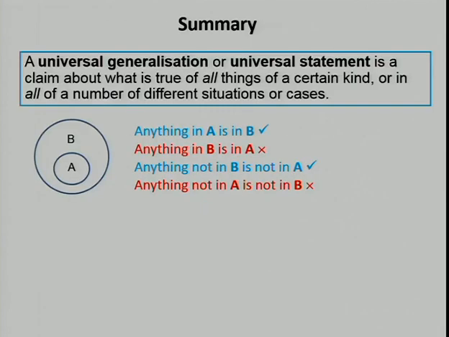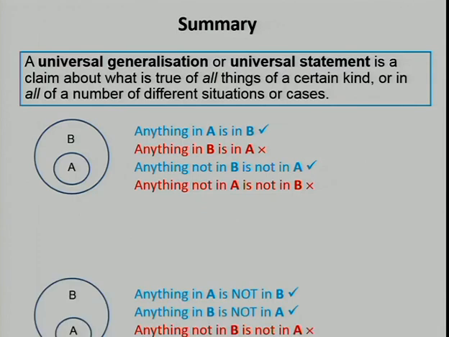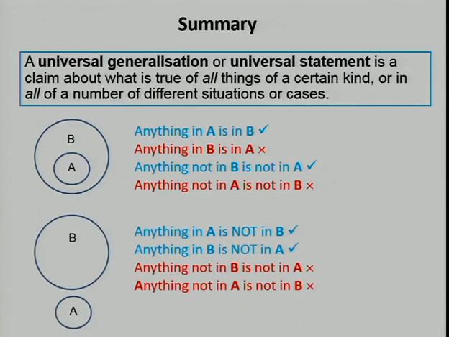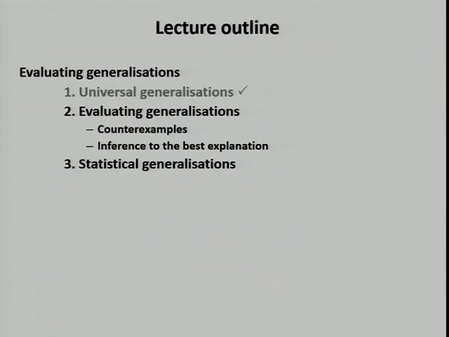Okay, so that's the quick summary that you can go back to if you want. It shows what types of things these different types of diagrams allow you to say and not to say, blue versus red, so you can look at that later, and that is the end of the universal generalizations point.